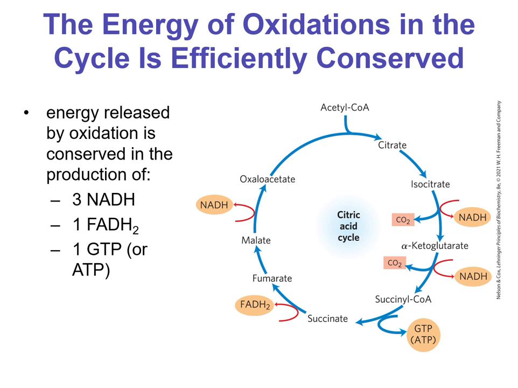So you can fill in a lot of detail on this slide. I would highly recommend using this as part of your studying for this chapter. This also shows you the different steps where you make all of these energy conserving molecules, the NADH, the ATP, FADH2.